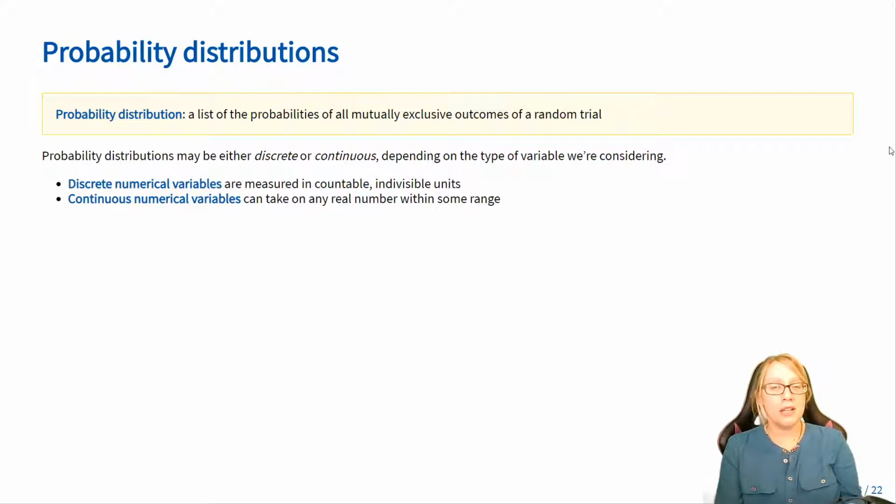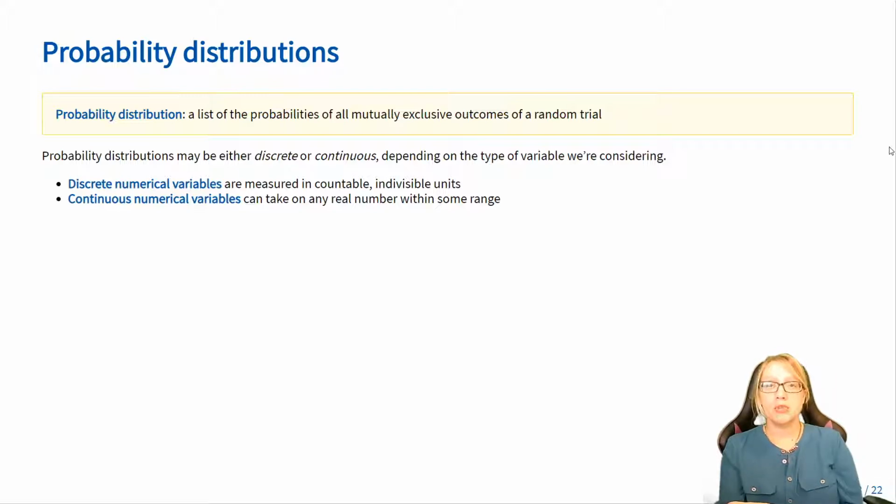So a probability distribution, then, is a useful tool to help us list or understand the probabilities of mutually exclusive events of a random trial. So think of a probability distribution like a list or a table or a formula that gives you the probabilities of all of the possible outcomes.